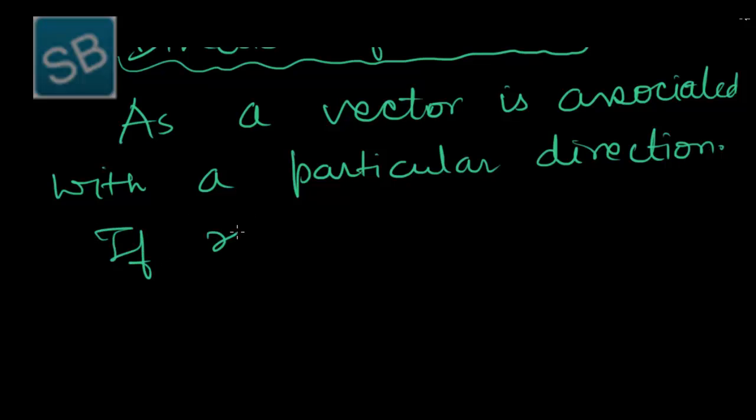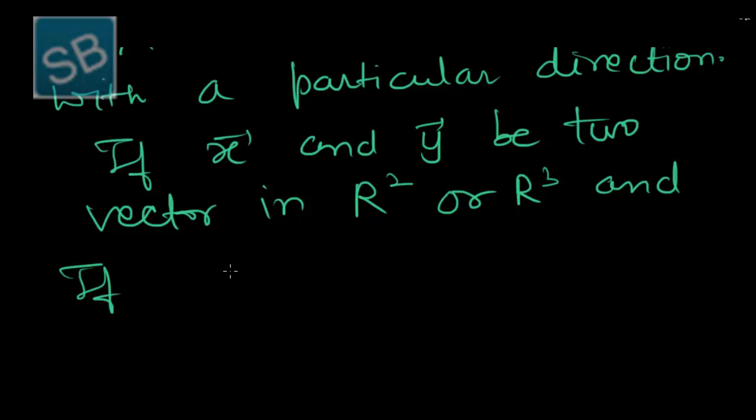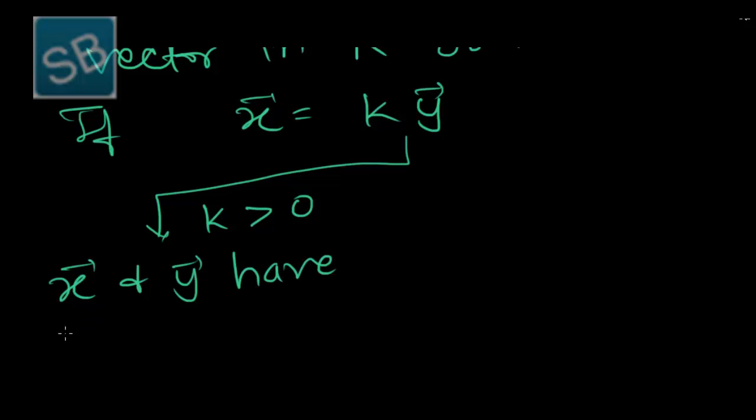So if vector x and vector y are two vectors in R square, two-dimensional geometry, or R cube, three-dimensional geometry, and vector x is equal to k times y, then in the first case, if k is greater than 0, vector x and vector y have the same direction.